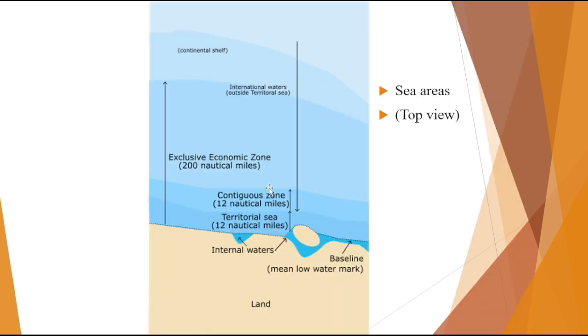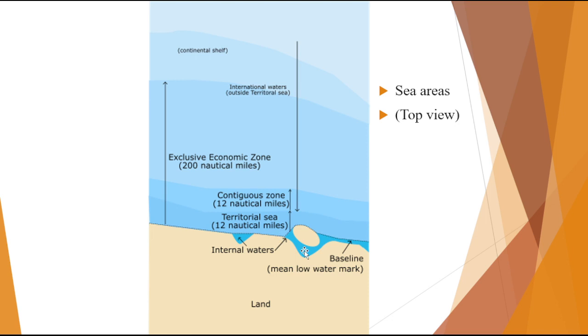Just to give another top-eye view: from the top, we see that this is the coast or the beach, you can say, or the land, right? From here we draw the baseline, a line drawn along the coast wherever the water makes landfall, right?